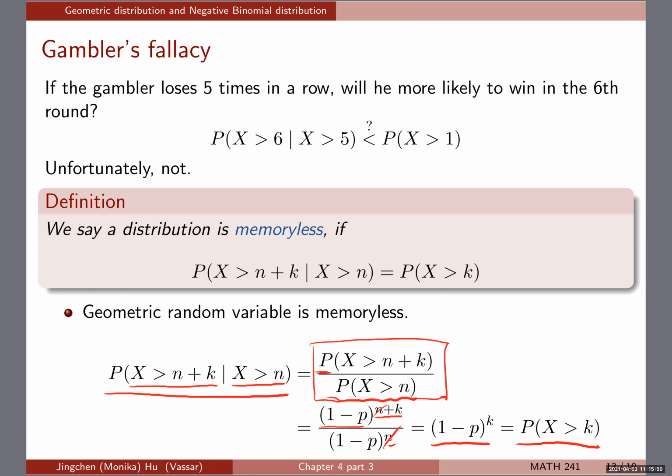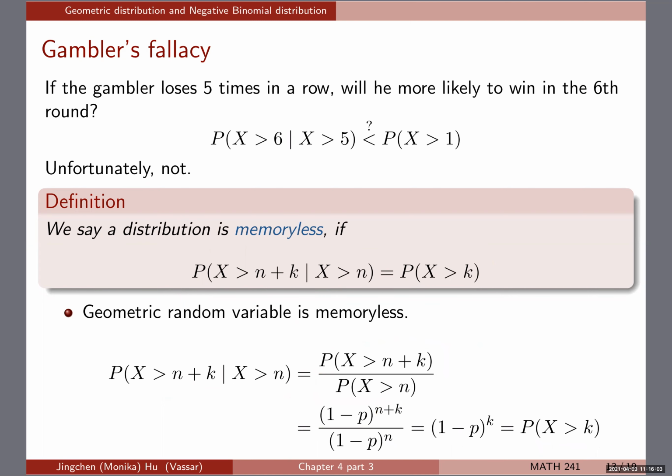Mathematically, that's what we mean by memoryless. This is a very important property of the geometric distribution, so please keep that in mind, as it might be pretty handy in solving certain exercises.